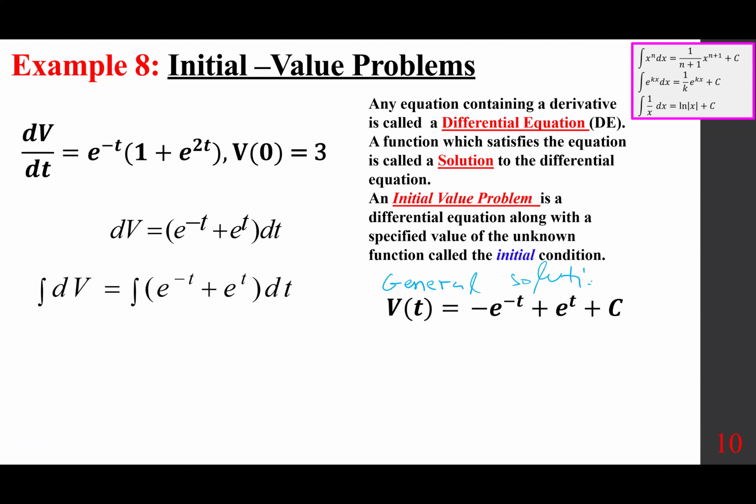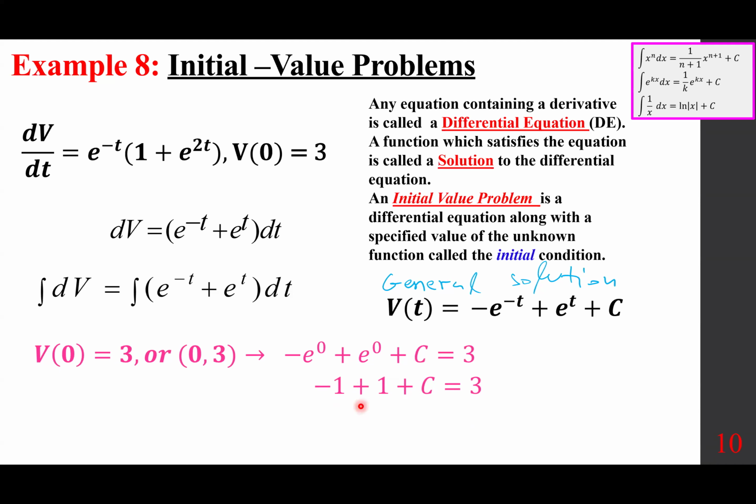Meaning you're dealing with a family of functions. You have infinitely many different functions. However, the effect of this, which is just one pair, 0, 3, is to help us find the constant. Plug in. As you know, e to the power of 0 is 1, so this is minus 1 plus c. These two cancel each other, right? So c becomes 3, and so replace it here.